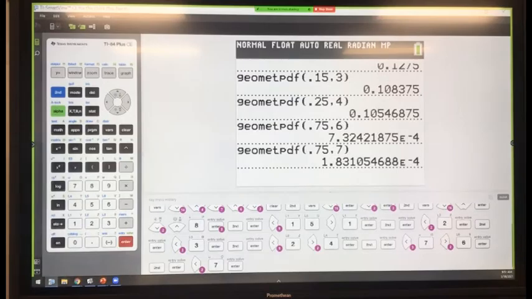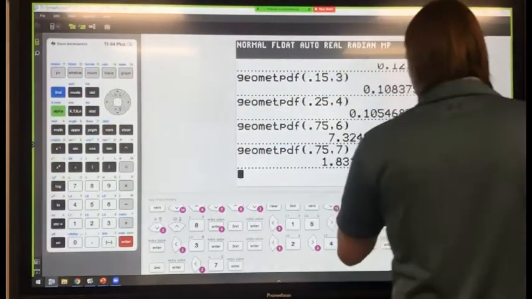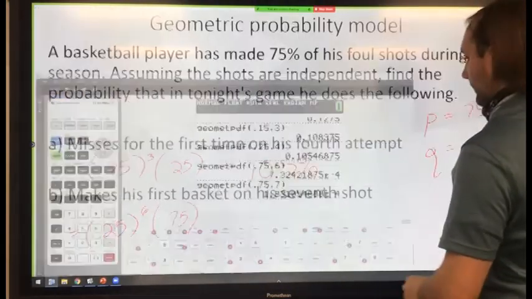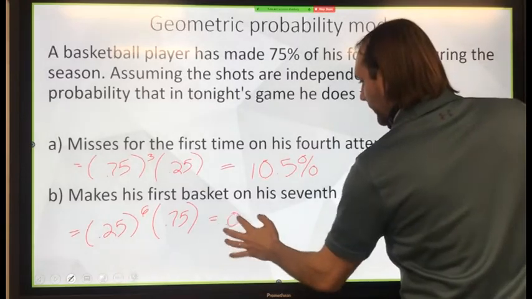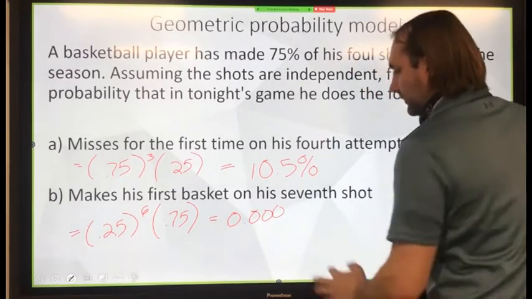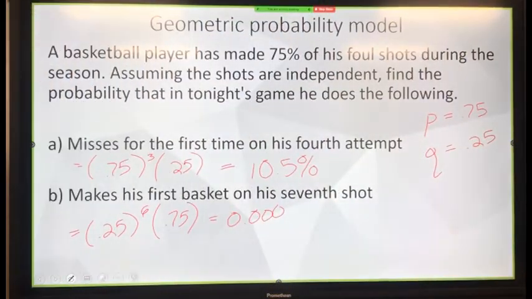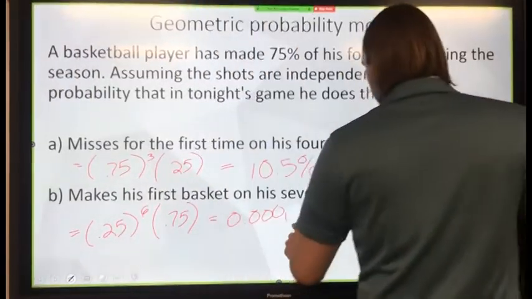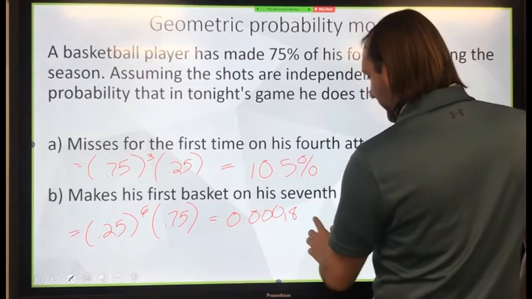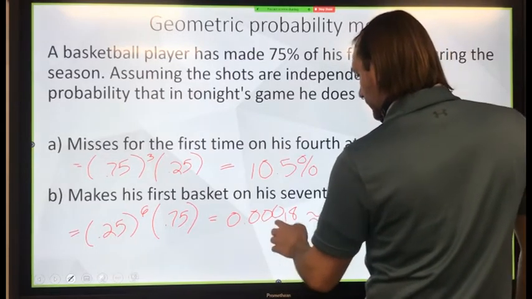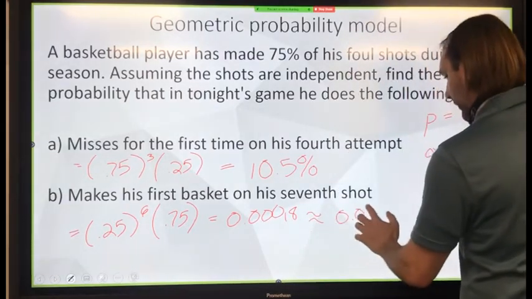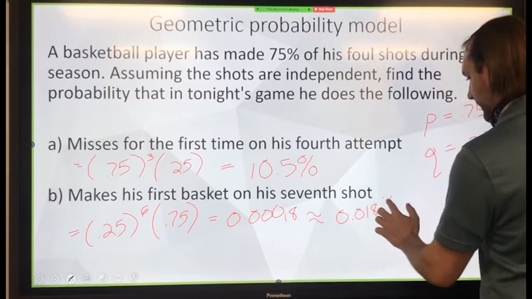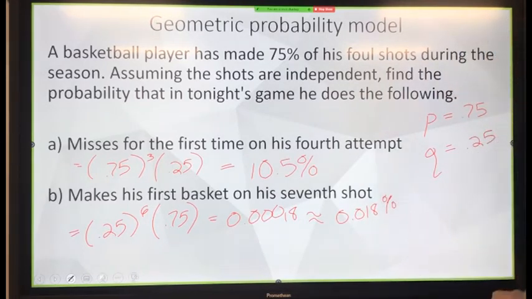Seventh. So scientific notation. So I got 3 zeros. 0.000 and a 1, 8. So roughly 0.018% chance of it taking his 7th shot for him to finally make one. Must be a very good free throw shooter.